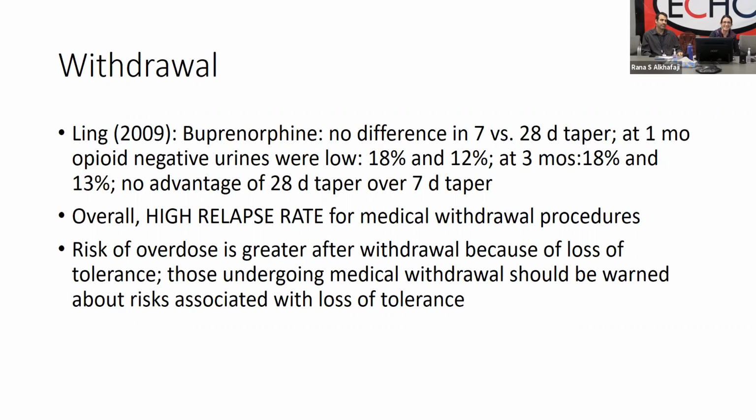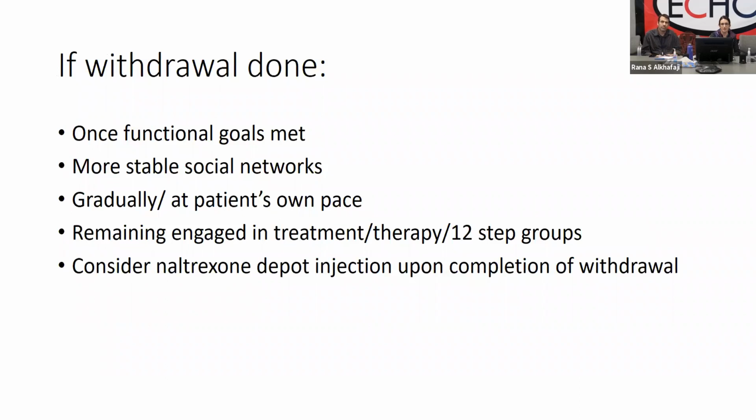I do see, yes. Okay, so we'll wrap this up. Thank you. And then risk of overdose is greater with withdrawal because of loss of tolerance. And so it's always important to make sure that you continue to prescribe naloxone. And those undergoing medical withdrawal should be warned about the risks. And if withdrawal is done, it should be once functional goals are met.